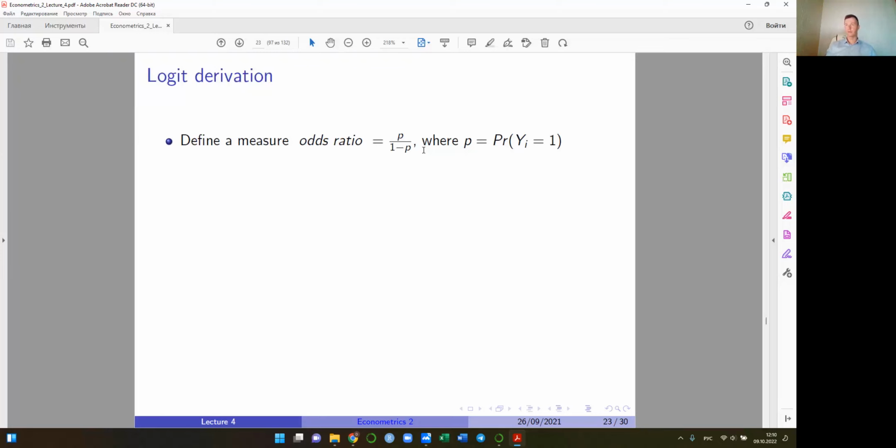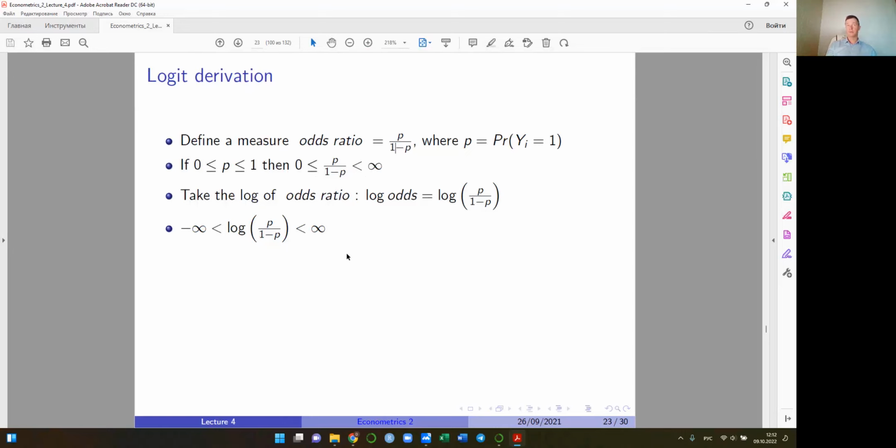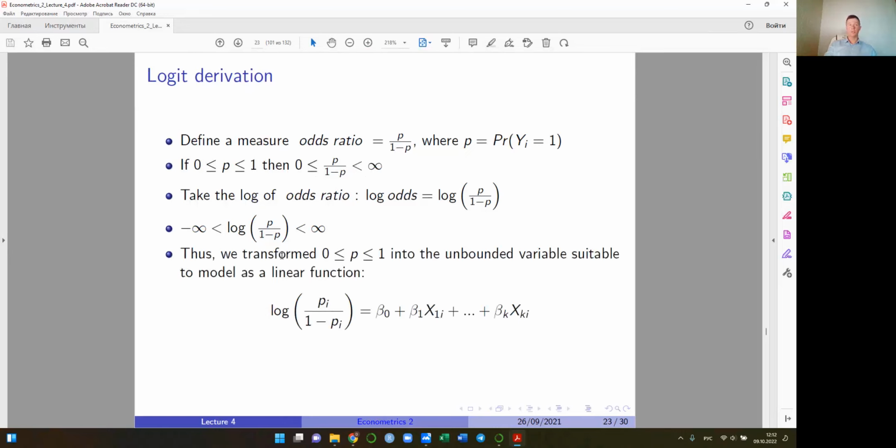And now we know that the familiar linear regression model, when the variable is continuous, is also unbounded. So now we can say, well, what if on the right hand side we put a linear regression line, but as the dependent variable we are not going to use this binary variable, which is y equals 1 or y equals 0, but rather we are using this variable, the log of odds ratio.